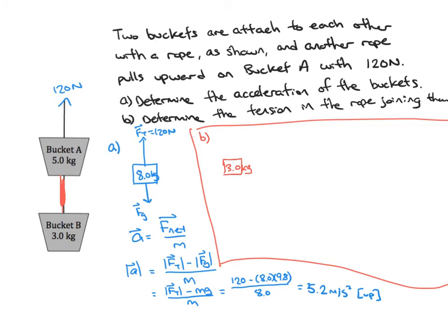So if I focus just on the bottom bucket, well, it's got its own force of gravity. And the bottom bucket is attached to a rope at the top. And I'm trying to find the tension of that rope.